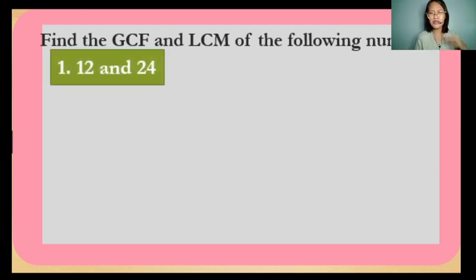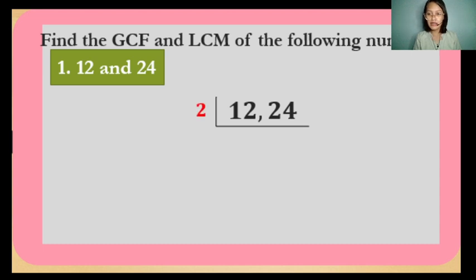So, paano daw po natin kukunin ang GCF and LCM ni 12 and 24? First step, we have to rewrite it horizontally and then think of a common prime factor that can divide 12 and 24. Much better kung mag-i-start tayo sa pinakamaliit niyang common prime number.